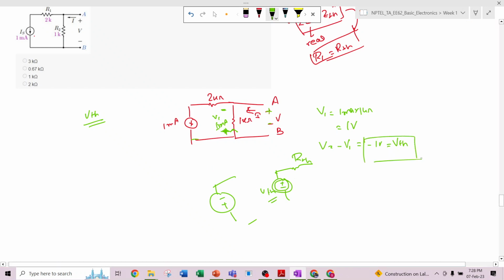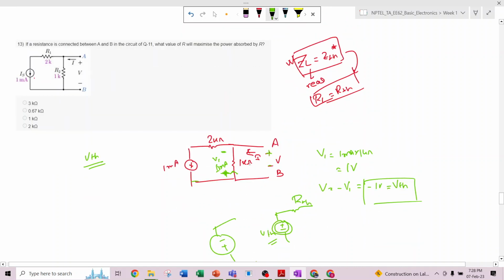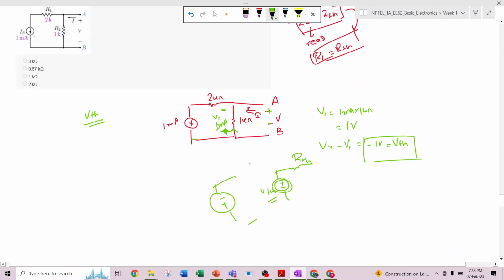This is one thing. Now, what is the value of RTH? For calculating RTH, as I have already told you, the current source should be open circuit.